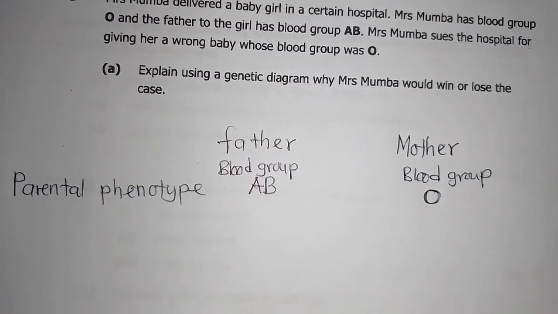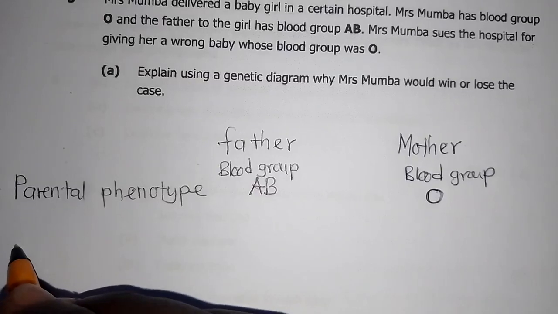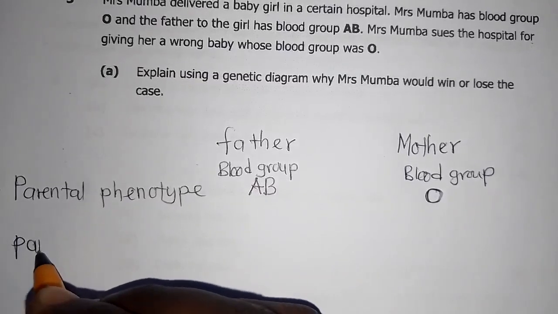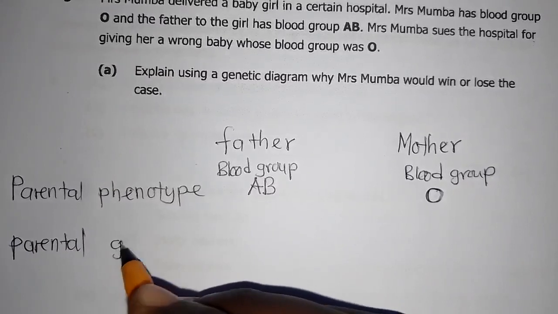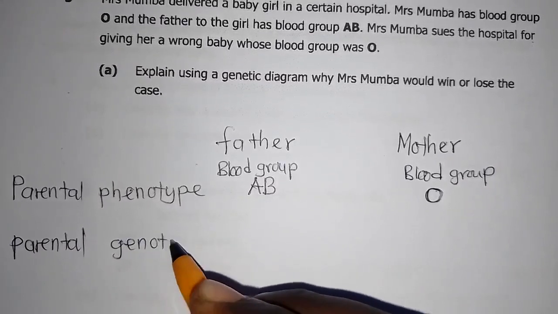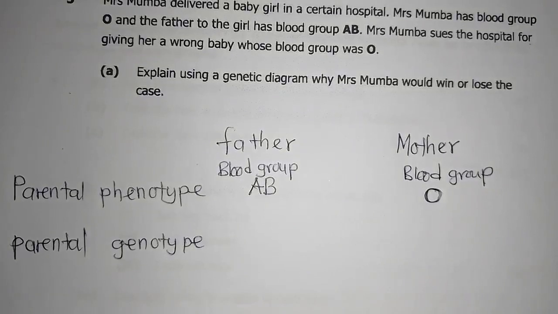From parental phenotype, we now go to parental genotype. You need to make sure that you know all these terms that I'm using. You know what a genotype is: the genetic makeup of an organism. So what is the parental genotype? This is AB.